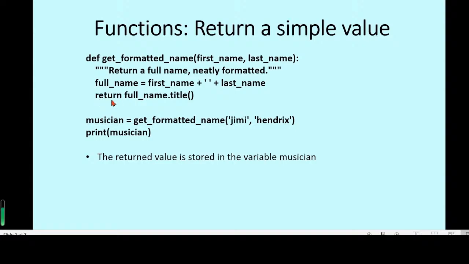Then a return statement returns full name's title form. So when we call this function get_formatted_name with input information for first name and last name, the return value of the full name's title form will be saved back to musician. Then next we can print this musician.